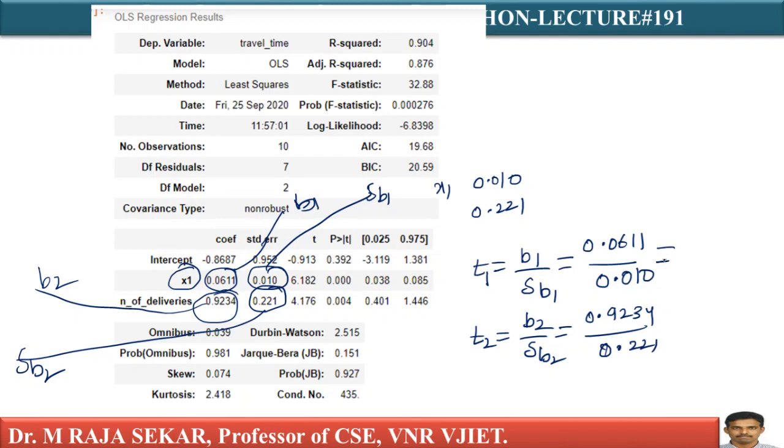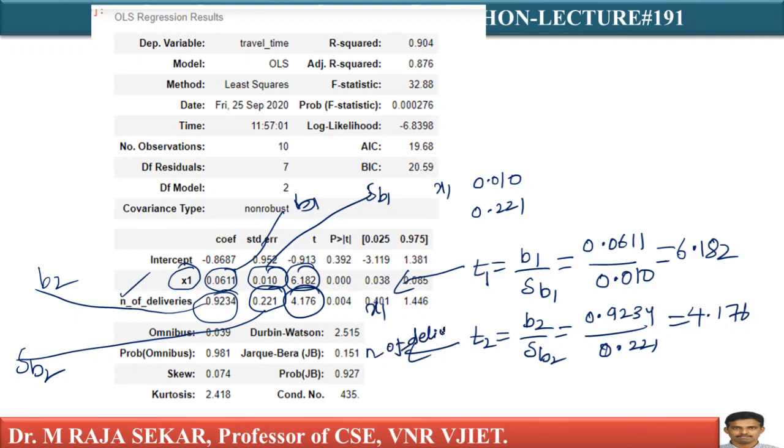What will I get? If I simplify this, I will get 6.182. And for the second variable, what will I get? I will get 4.176. This is for the first variable x1, and this is for the second variable, number of deliveries.